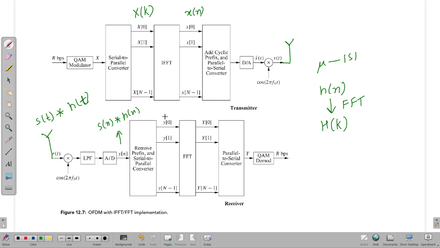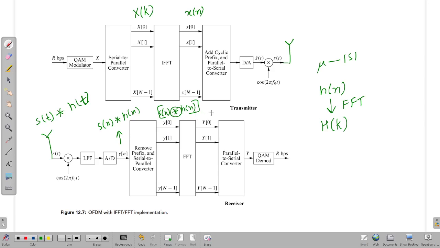After removal of the cyclic prefix, the remaining part of the signal is s of n circular convolution with h of n, and by performing an FFT, you know that the circular convolution gets converted into a multiplication. That's a property of the DFT of two sequences.